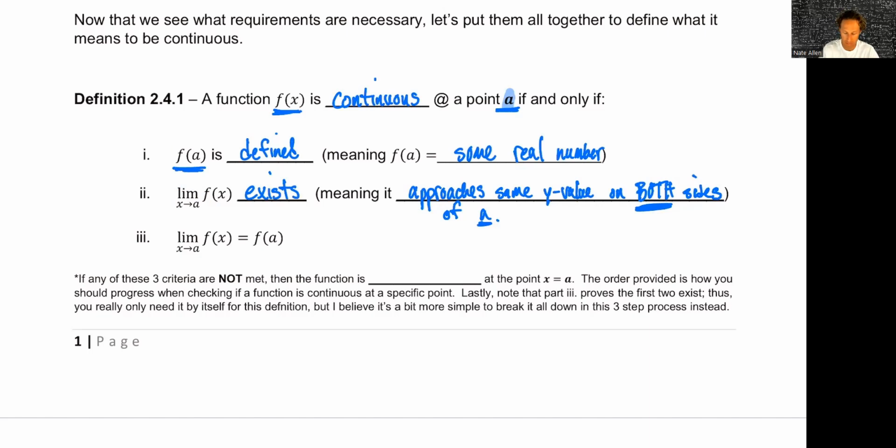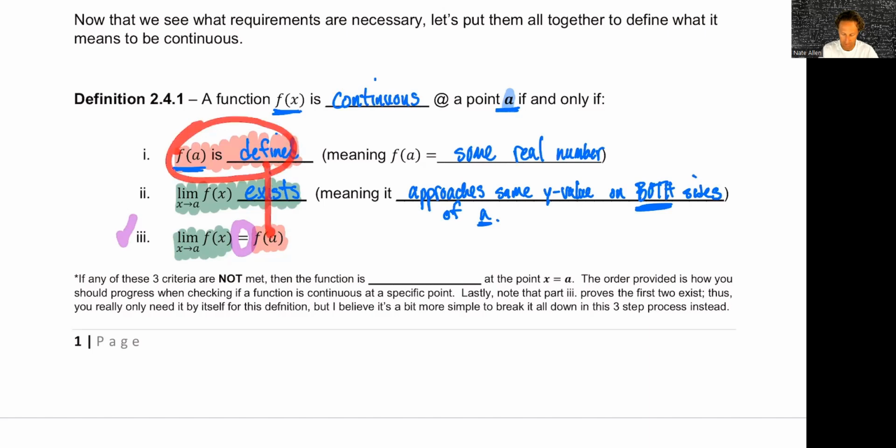It literally takes part 1 and part 2 and says that if they are the same value, they're equal, in other words, then it is continuous at that value. So step 3 is literally just a check.